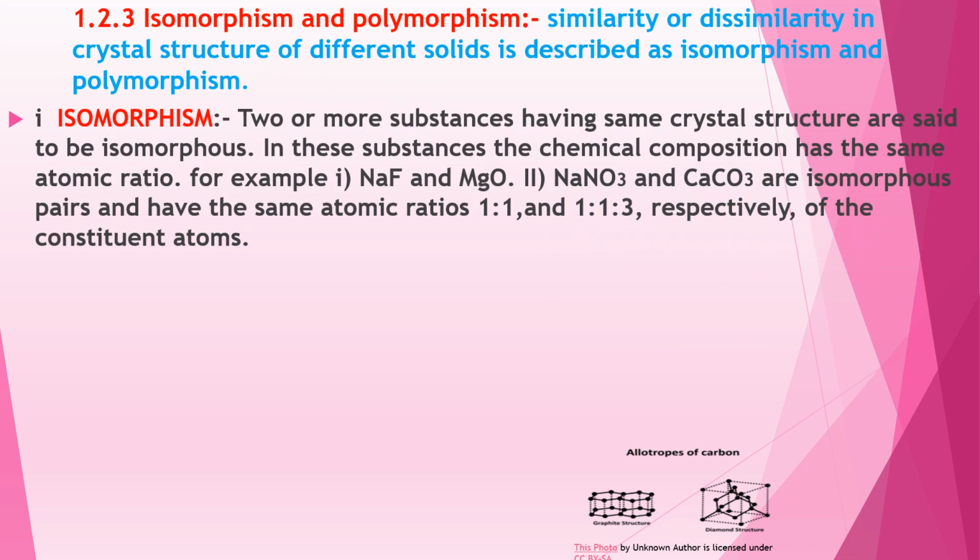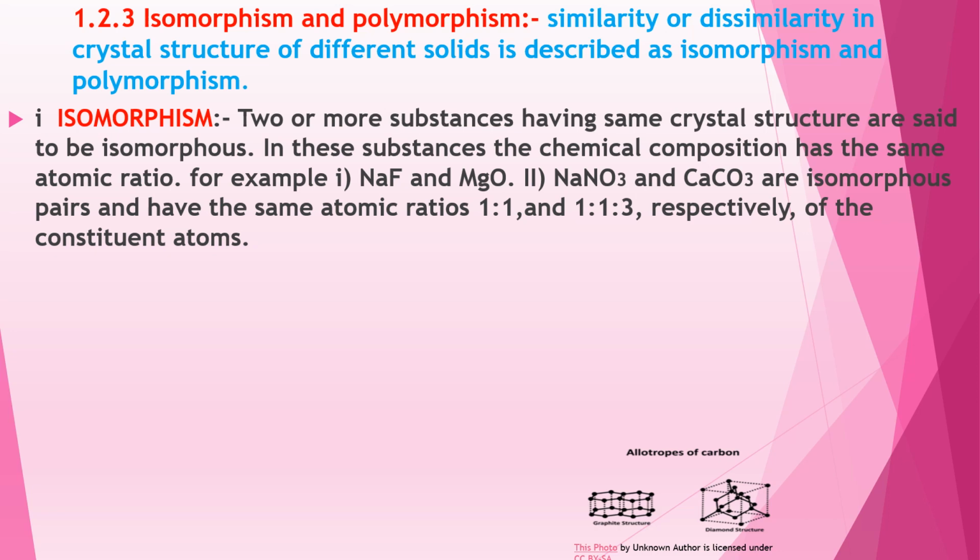In this concept, the similarity or dissimilarity of crystal structure of different solids is described as isomorphism and polymorphism. First one, isomorphism. Two or more substances having the same crystal structure are said to be isomorphous.